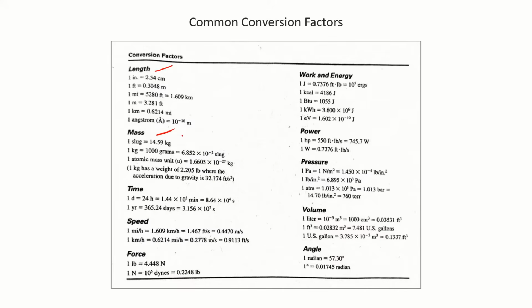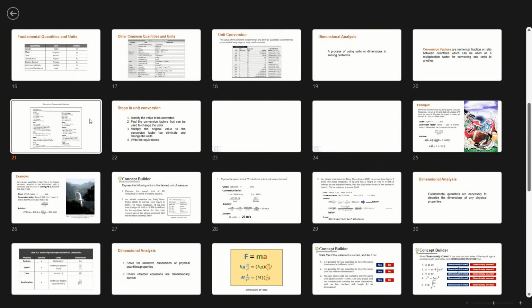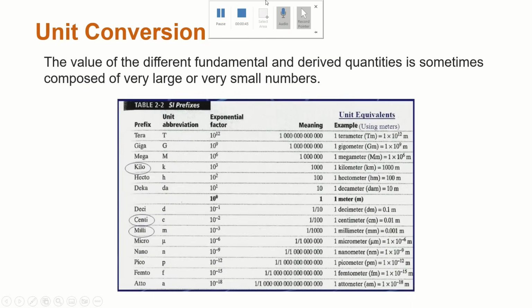Here are the dimensions of mass, time, speed, force, and other quantities, both derived and fundamental. You can also use the table of prefixes from earlier as your basis for conversion factors.